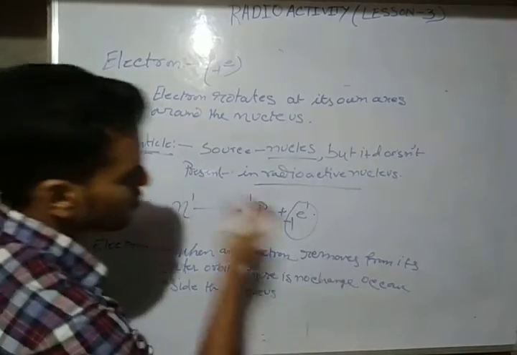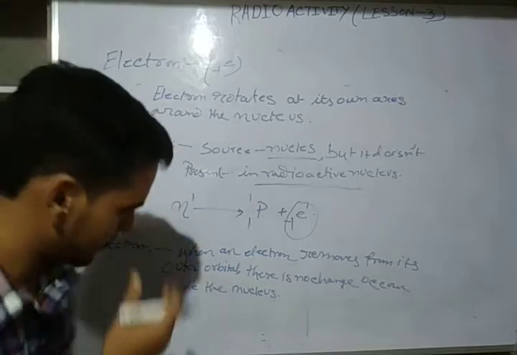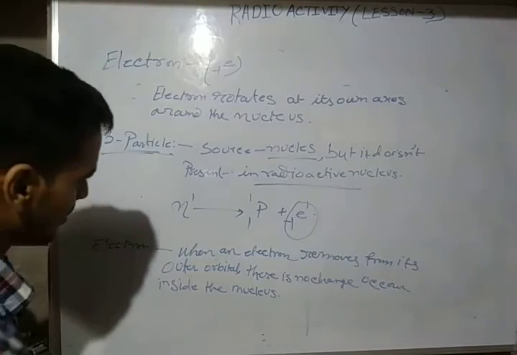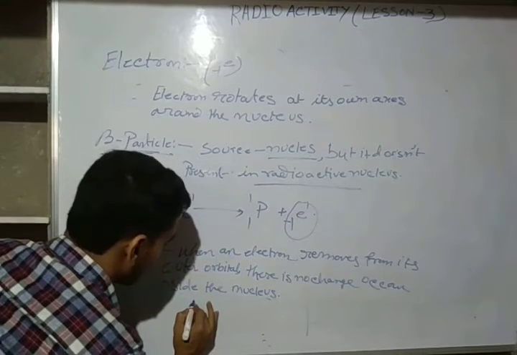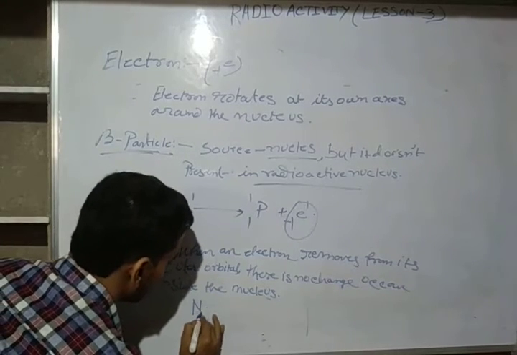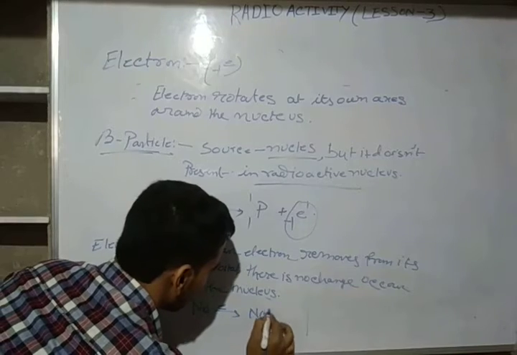Because electron is moving around its own axis surrounding the nucleus, and the nucleus forms an ion, that is a cation. Let's take an example, sodium. When an electron emits from it, then it forms sodium cation.